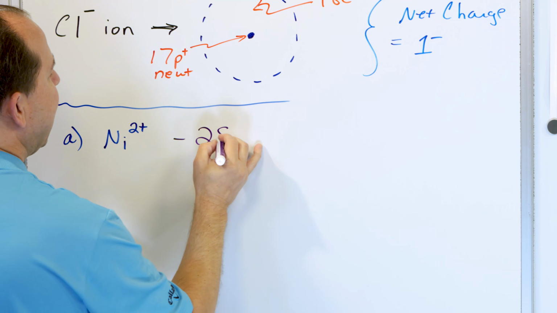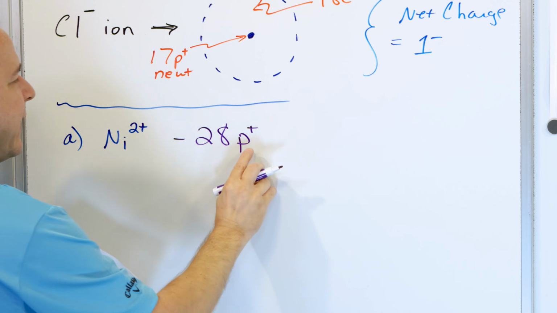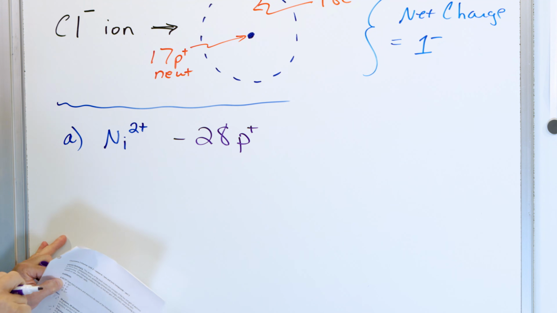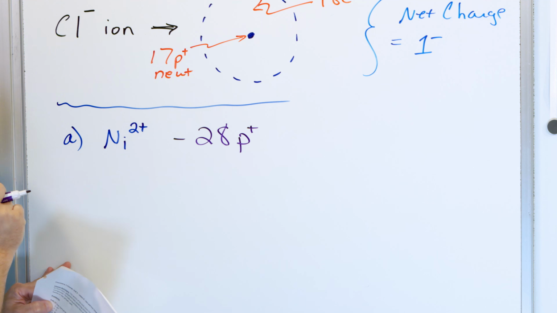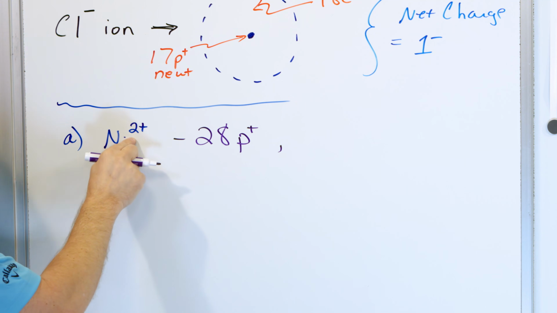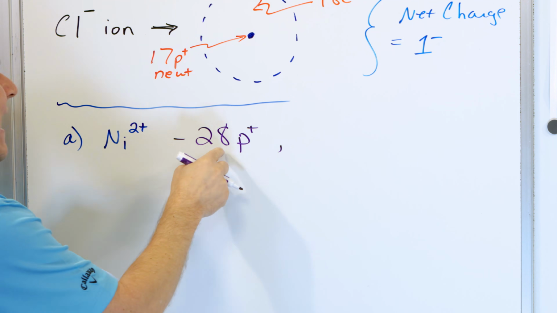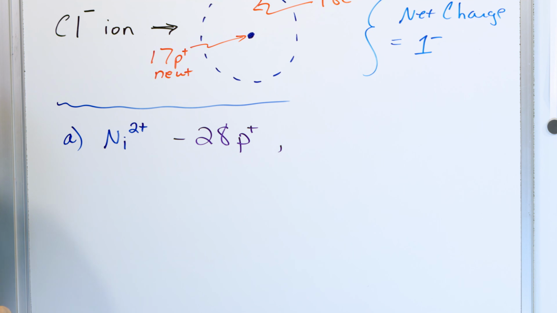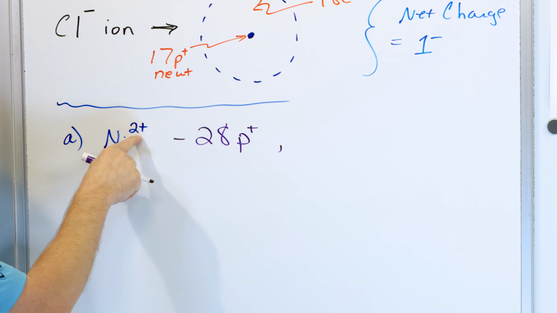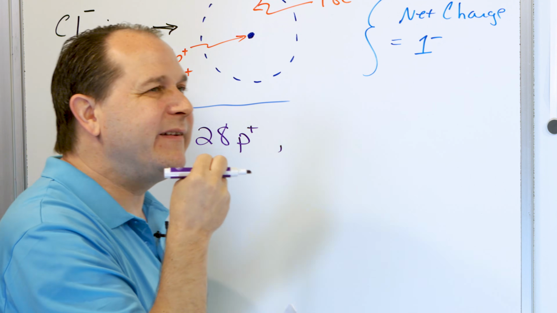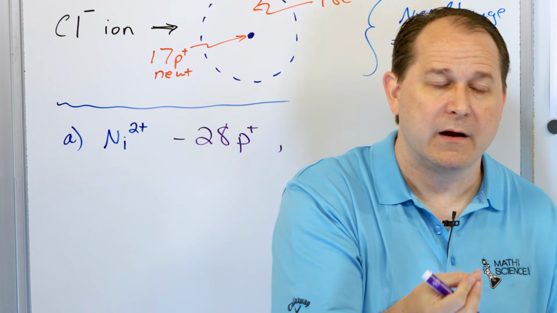So we'll write down 28 protons in the nucleus. I write proton as P with a plus sign. And that comes straight from the periodic table. Now, if this were a neutral nickel atom, then it would have to have 28 electrons to balance it, but this has a positive 2 charge. So we must have lost some electrons overall.